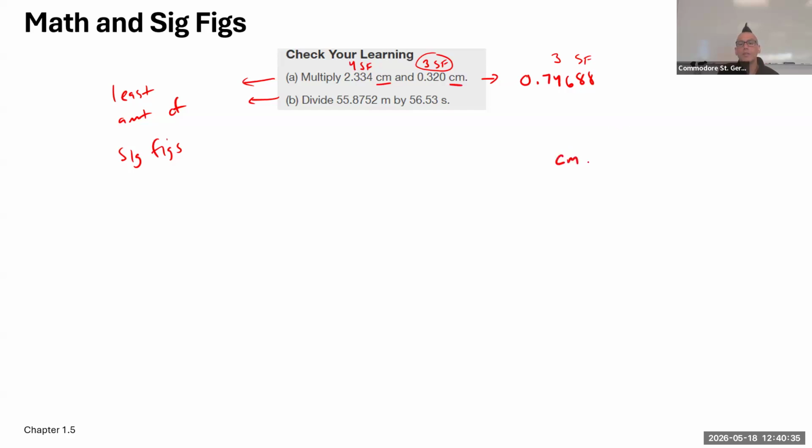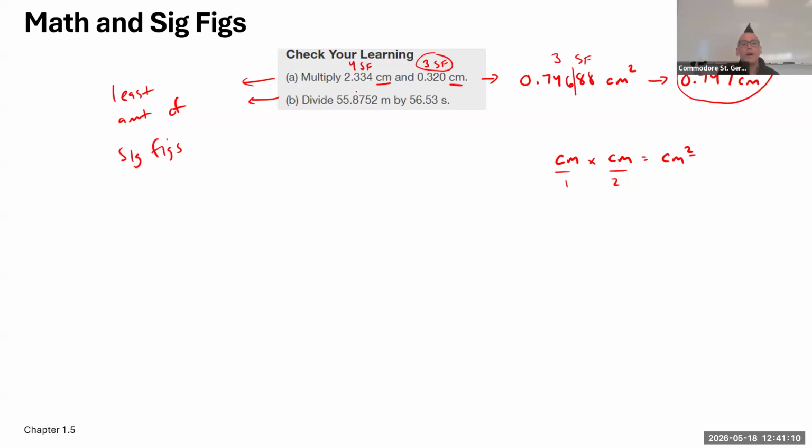So centimeters times centimeters equals centimeters squared because there's 2 of them. 1, 2, and we have 2. So this should be centimeters squared. 3 sig figs, we're going to chop the number here, and we round up to 0.747 centimeters squared.